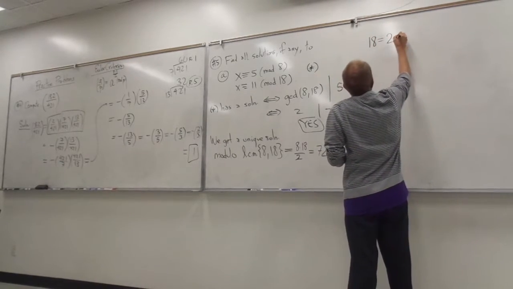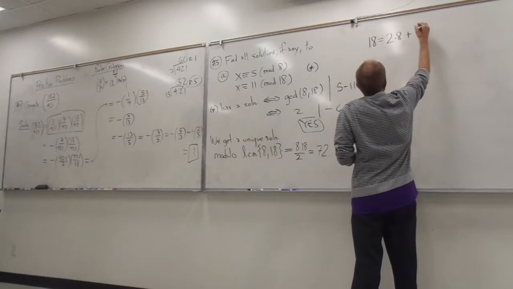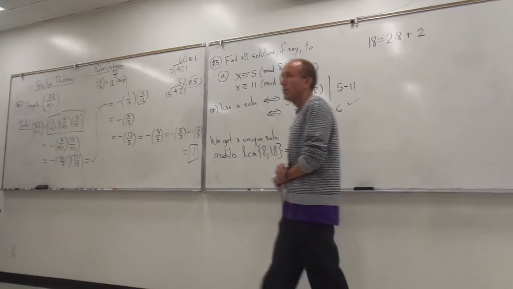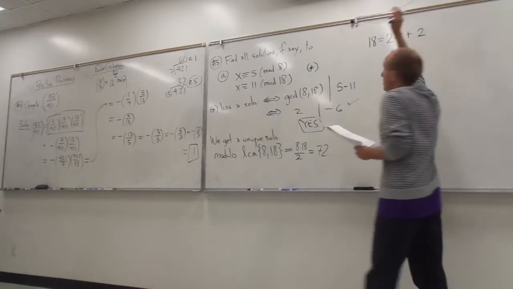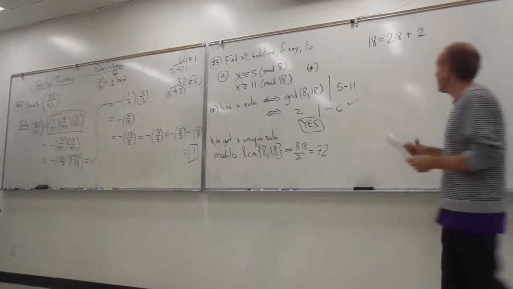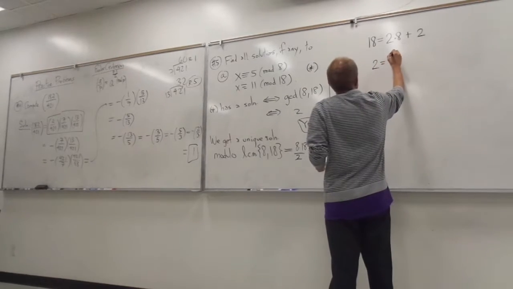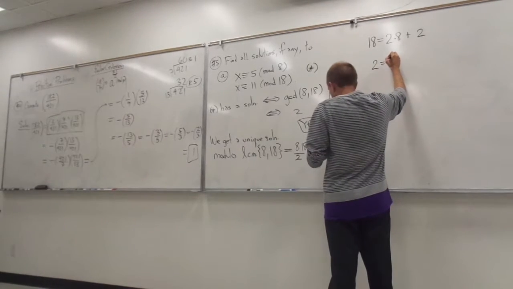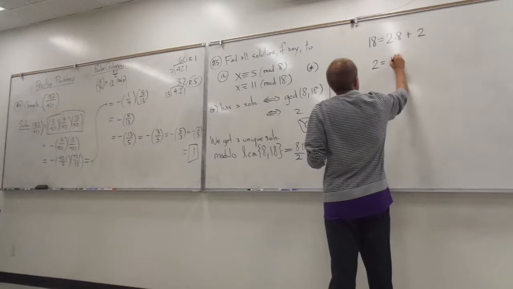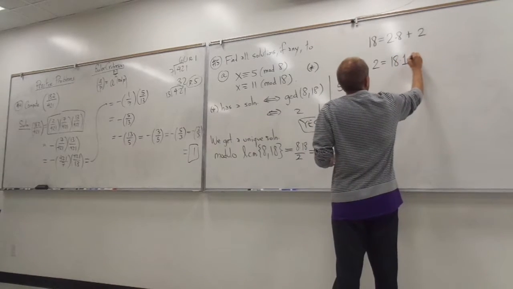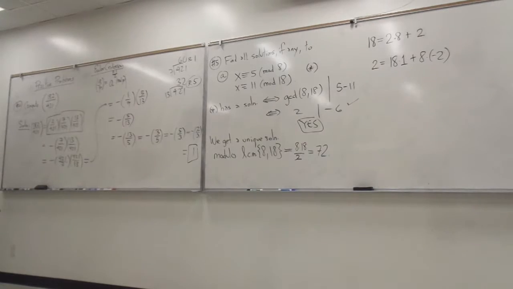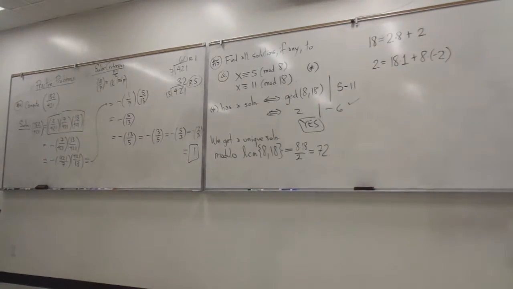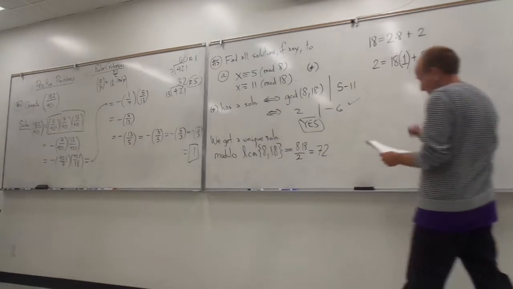I'm going to divide it by 8. It goes in 2 times with a remainder of 2. That's the GCD right there. Okay, so we're already done. 2 is equal to 18 times 1 plus 8 times -2. So I'm just going to put it into that format like that. Okay, so you just simply want to do that.